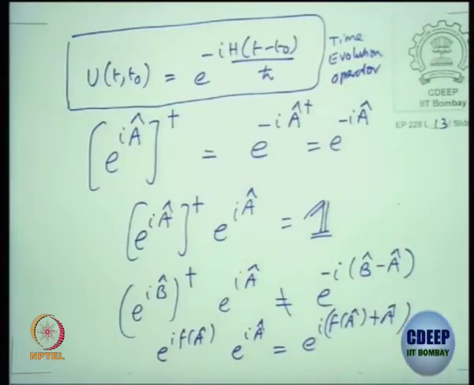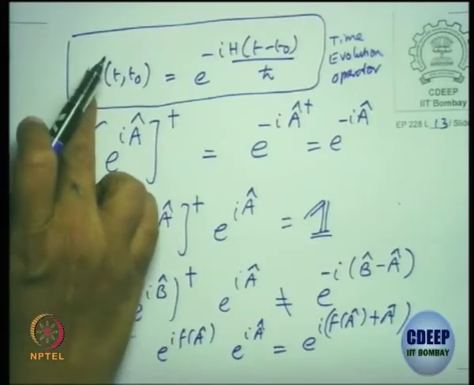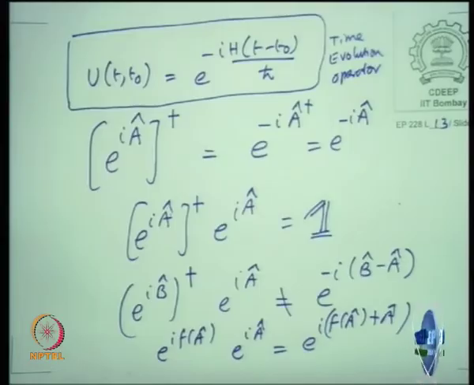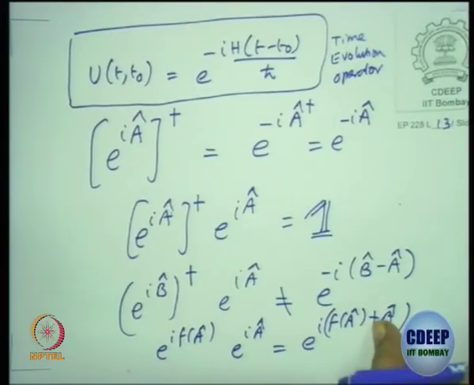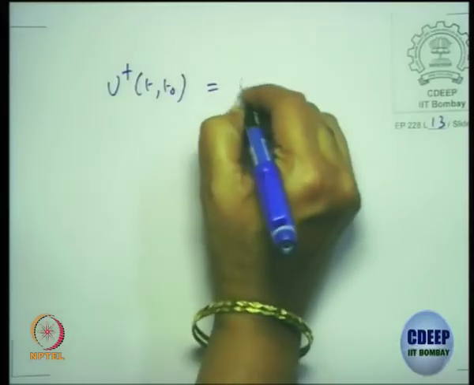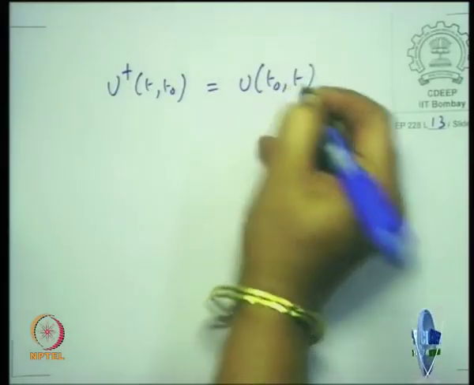For time independent Hamiltonians, this helps us in finding the state at any arbitrary time given the state at an initial time t0, and this operator has various properties. This operator is supposed to be unitary, the same as U of t0 comma t.